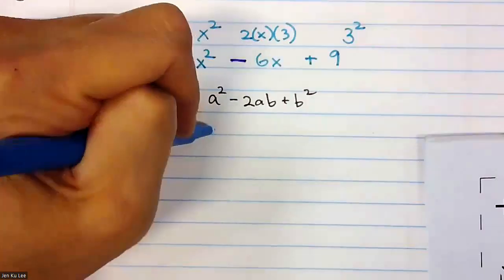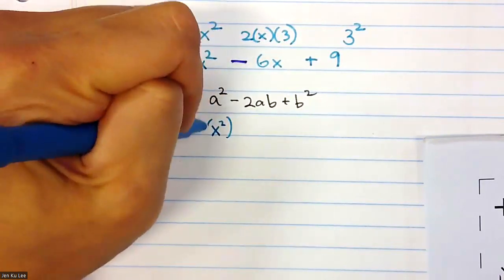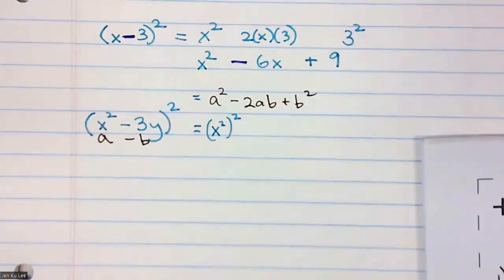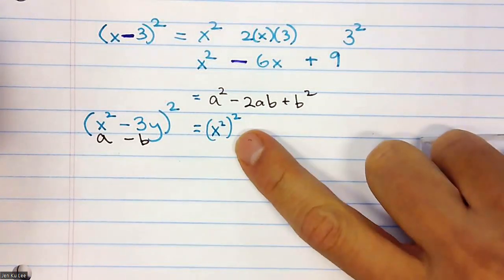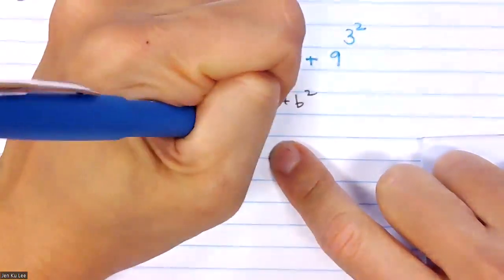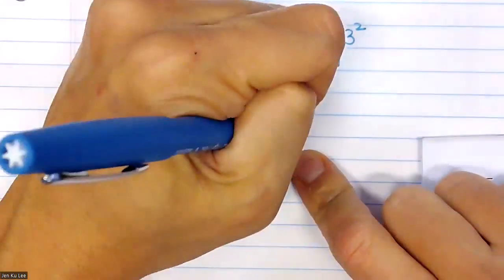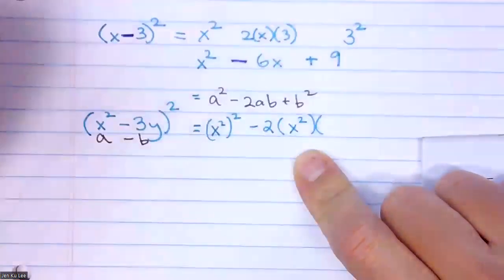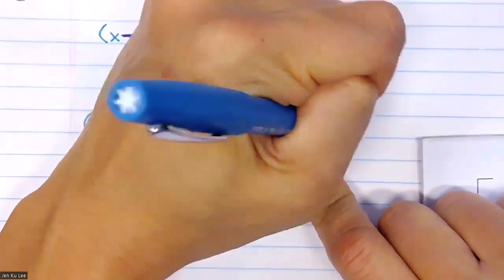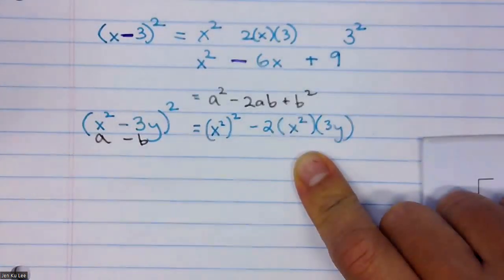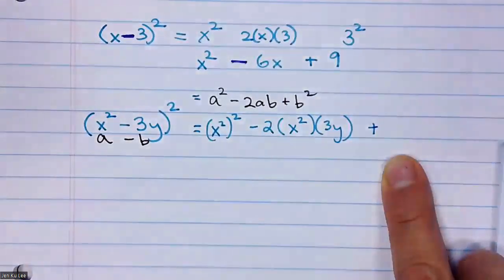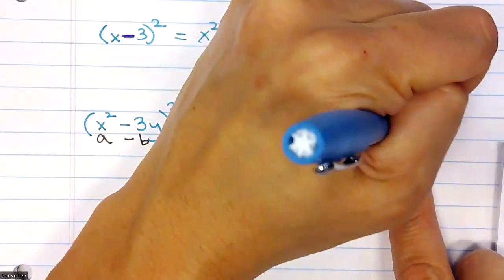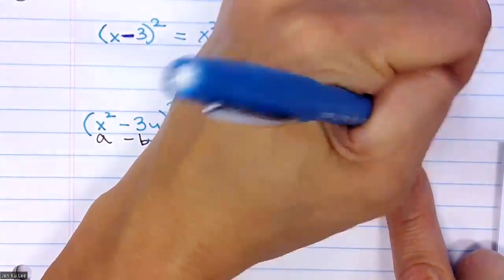My b is 3y, my a is x squared. So a squared is gonna be x squared squared, okay? A squared is x squared squared. Minus 2 times a, which is x squared, times b, which is 3y, plus b squared. B is 3y, so 3y squared.